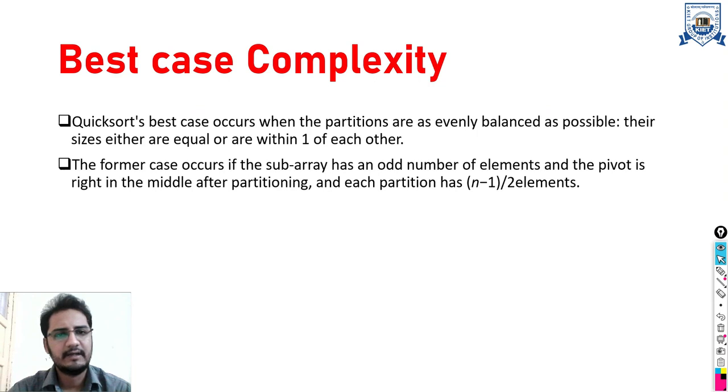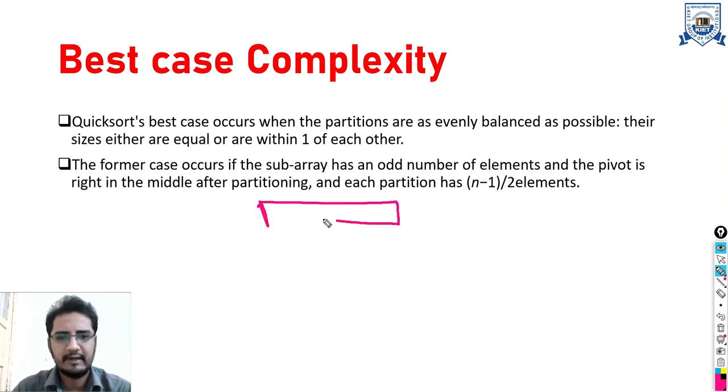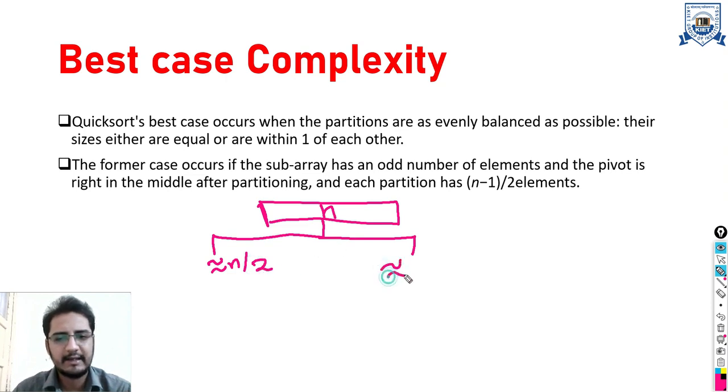Now let's see how we get the best case complexity of a quicksort. Suppose you have an array of size n. In each step you are doing partition in such a way that the left hand part is equal to n by 2 and the right hand part is also equal to n by 2.